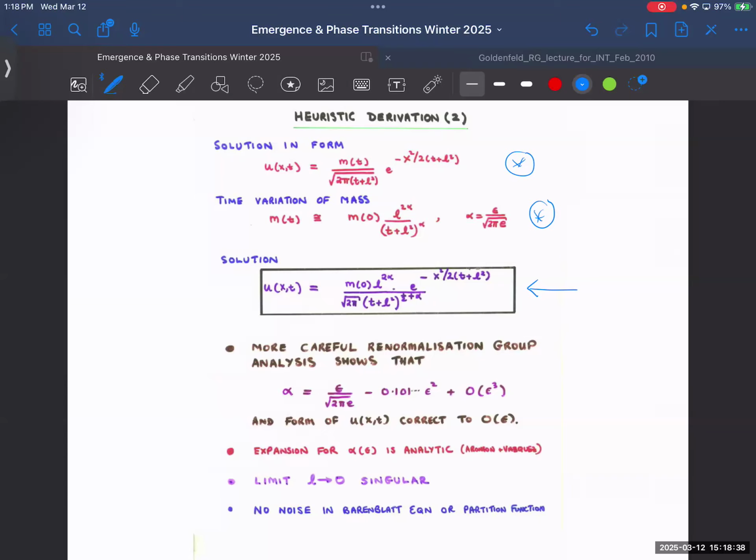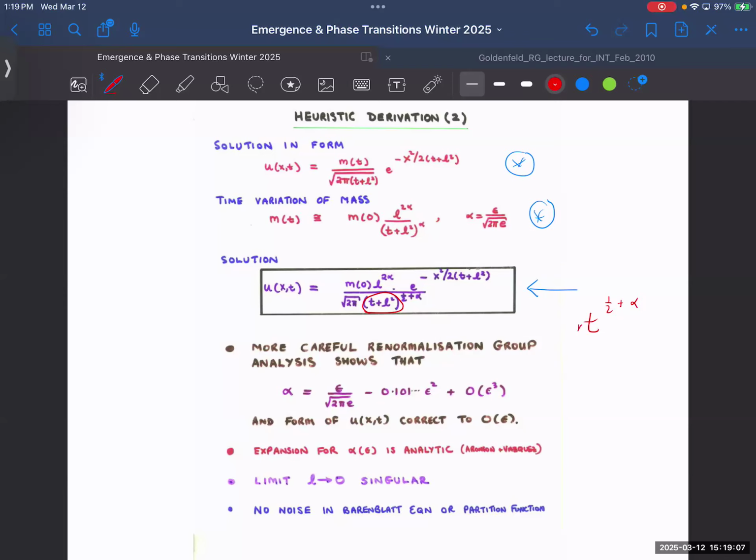Now look, what happens when I take the limit L goes to 0, or I take the limit T goes to infinity? So let's have a look at the L goes to 0 limit, or T goes to infinity. This term over here becomes T to the power 1/2 plus alpha.